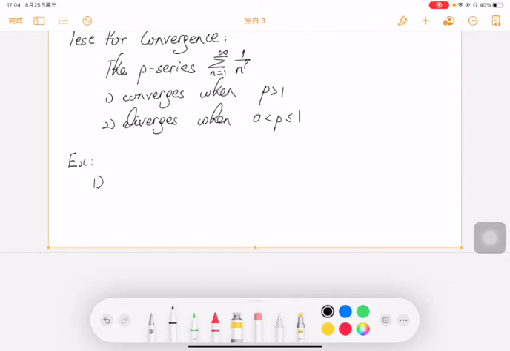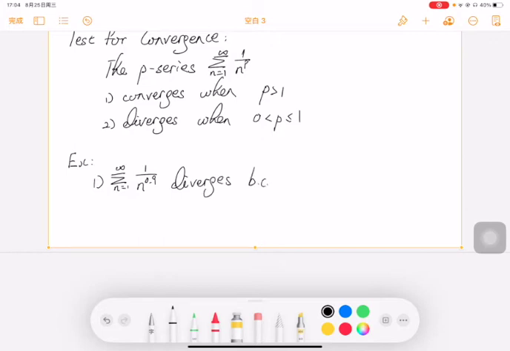First, the sum of 1 over n to the 0.9. Now this series diverges. Why?